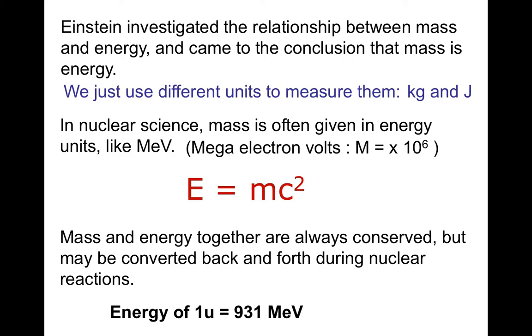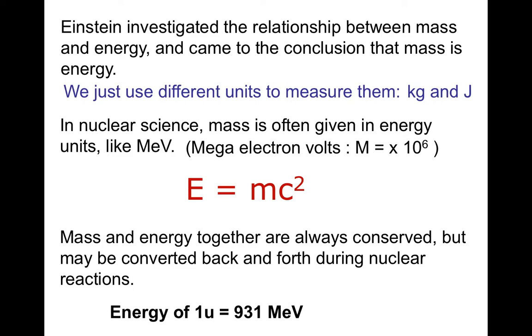All mass has energy; essentially, energy is mass and mass is energy, but we use different units to measure them. So in nuclear science, mass is often given in energy units, because they go hand in hand.